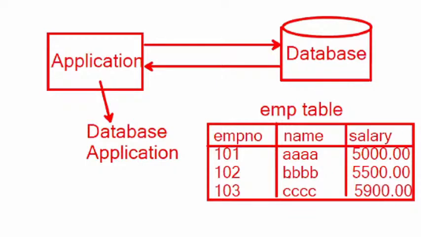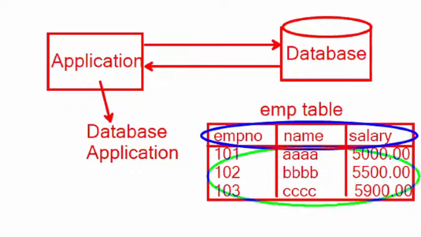Like this, if you write here, these are called fields and these are called records. Fields and records.